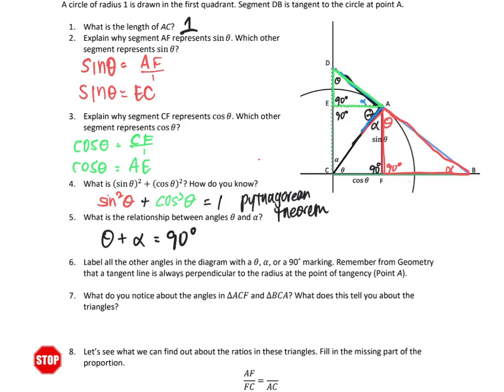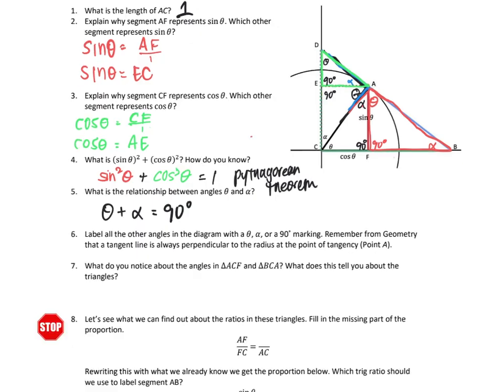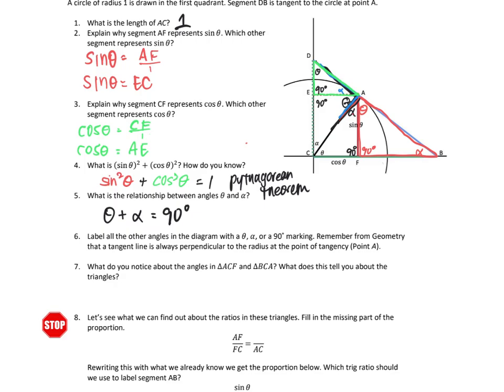So since those triangles have the same angles, although they're different sizes. Here's the first one, ACF, I'm outlining in black. And then BCA, I'm outlining again in red. BCA is this larger one. Then these are similar triangles because they have the same angles.